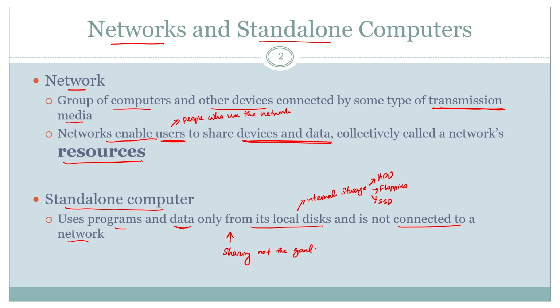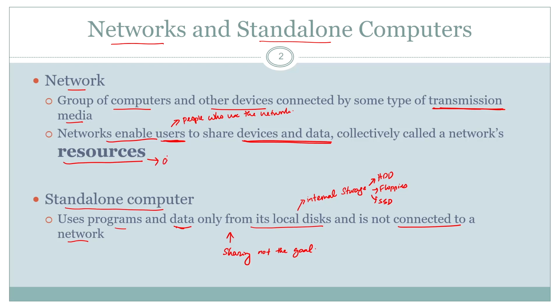So when somebody says I am using a network resource, it literally means they are using either the device or the data or both. So a resource is a device or data or both.